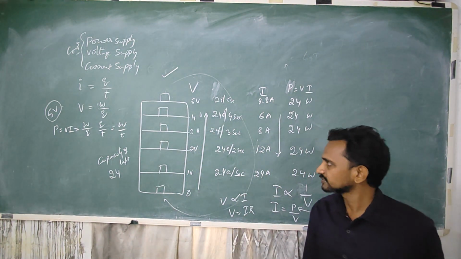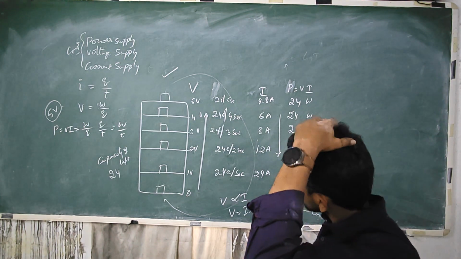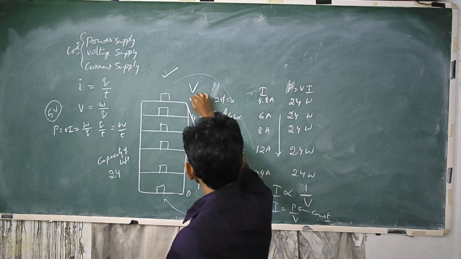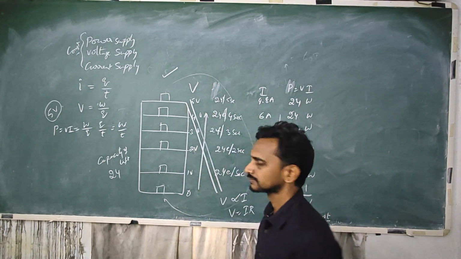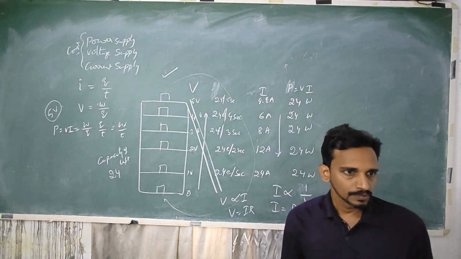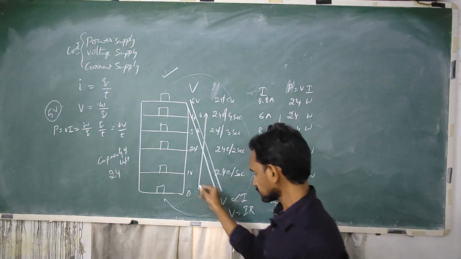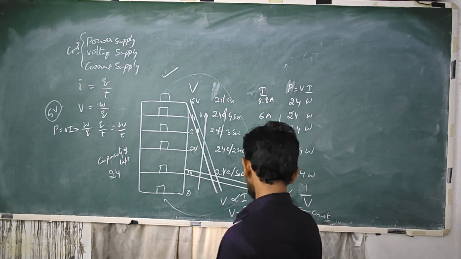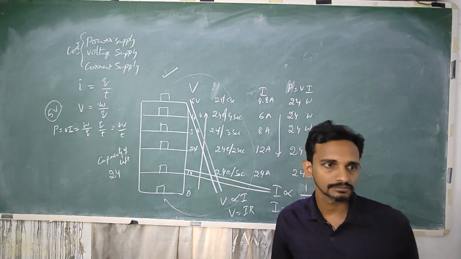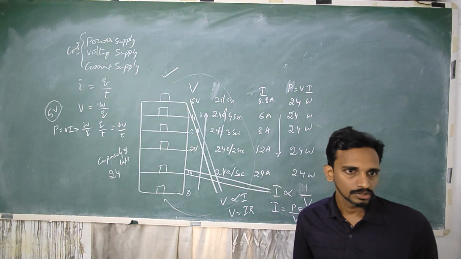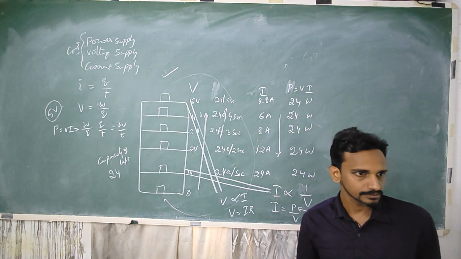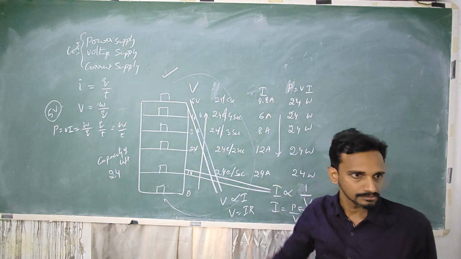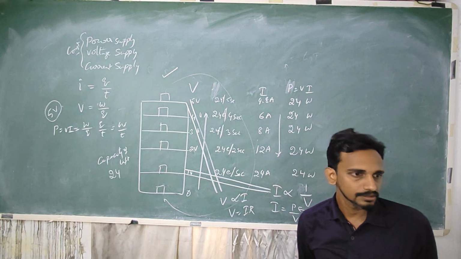For the time being, I'm using a slide. Here also I'm using the same slide. Who will come first? The top one, 5 volts. Why?